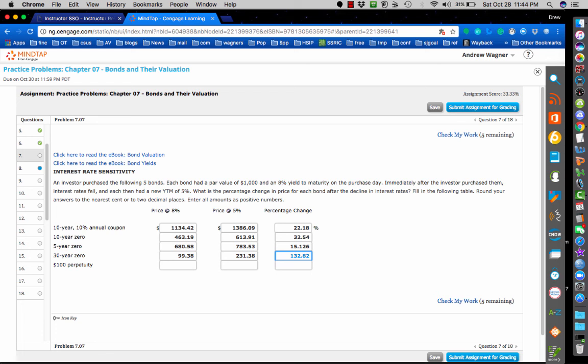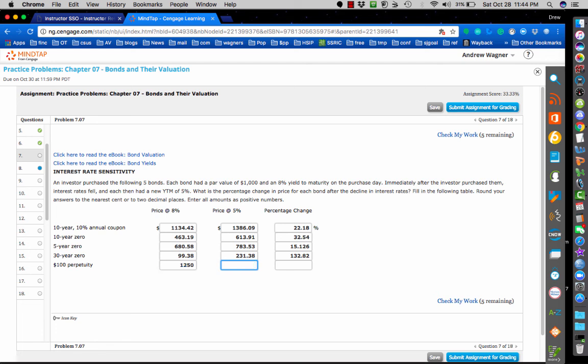Now for the perpetuity, the perpetual payment divided by the interest rate is how you'd find the present value. So here it's $100 in perpetuity, it says. So that'd be 100 divided by 0.08, which gives us 1250 even.